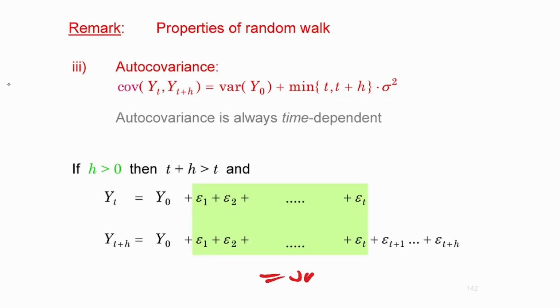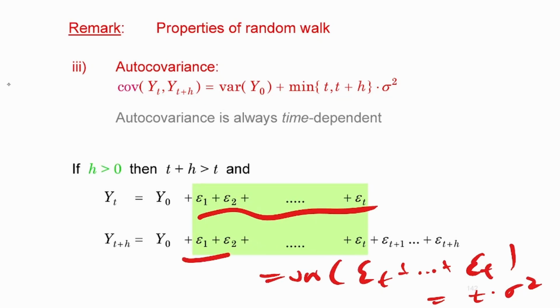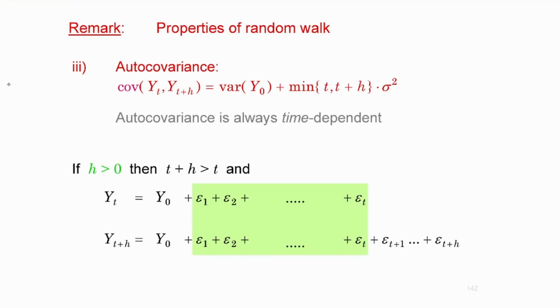So this is going to be equal to the variance of the sum of these noises, and the variance of the sum is going to be the sum of the variances, because the noises are uncorrelated. The noises are uncorrelated, but these two overlap with each other. You understand that? Okay, that's what you need to understand here. So therefore, in this case, that's going to be the variance t times sigma squared, if you ignore the starting value for a moment. Is it clear? Okay, so if you go into the future, that's what it is.